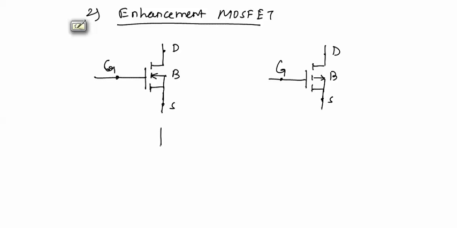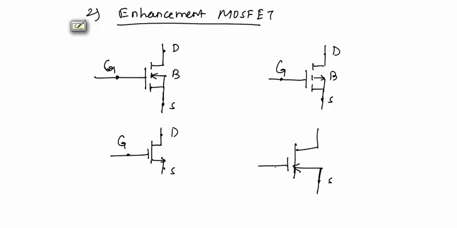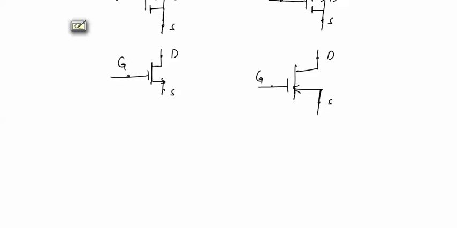We will use one more symbol for simplicity. This is the symbol for n channel MOSFET. The arrow will be outward on the source terminal, and if the arrow is into the MOSFET, this is p channel MOSFET. And we will have one more symbol for n channel MOSFET.